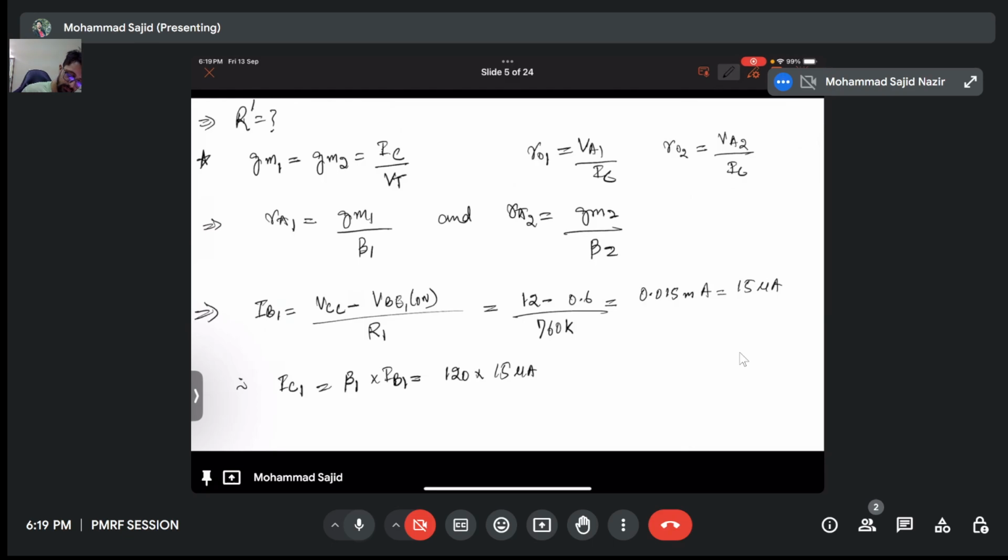How much is that? Comes out to be 1.8 milliampere. So this is IC1.